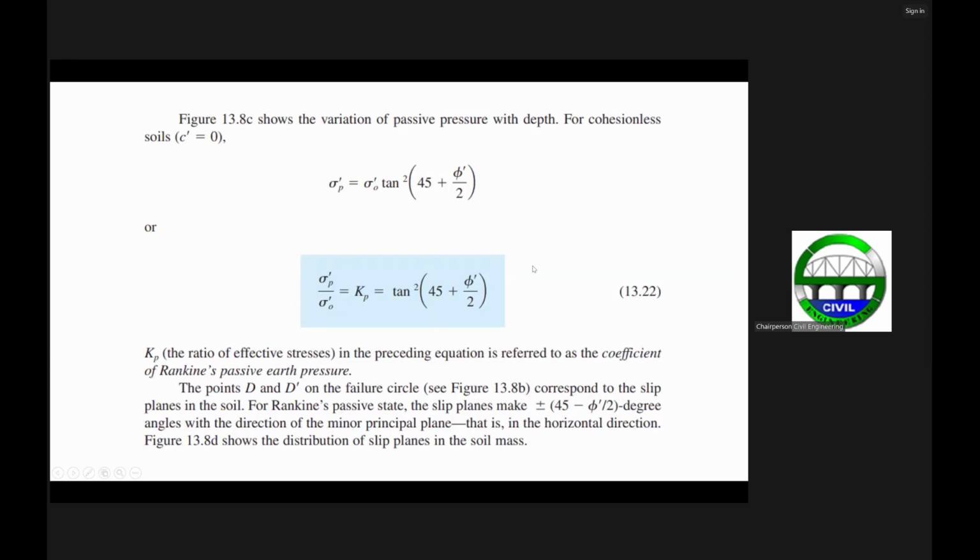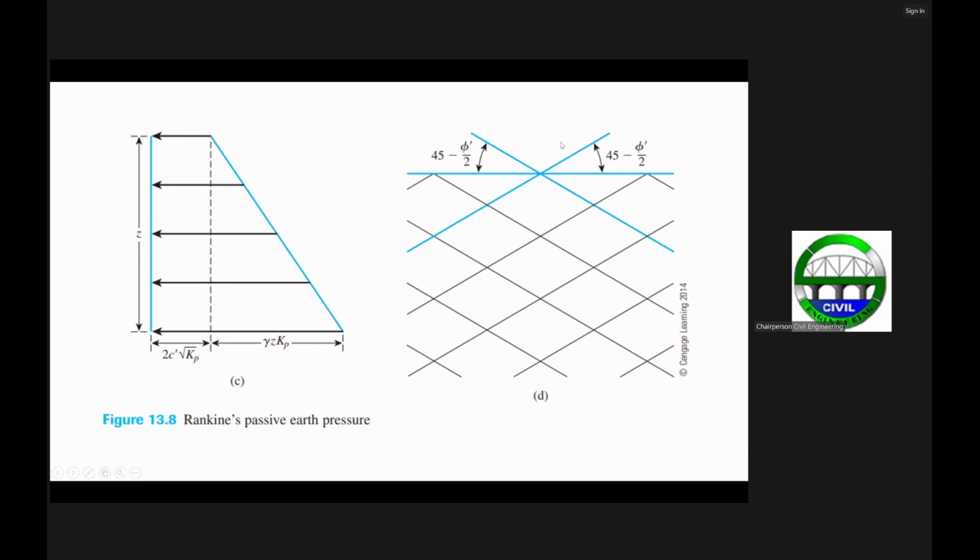That means the failure planes are flatter with respect to the horizontal plane. So if your wall is here, then this is now your failure plane.